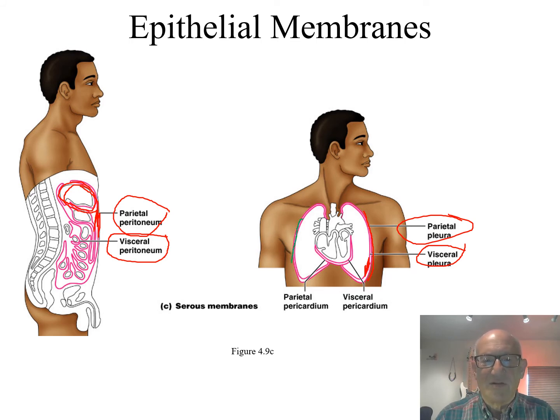Right? So we have a double layer membrane called parietal pleura and visceral pleura. And same thing goes for the heart. We have the parietal pericardium, which is lining the cavity that the heart is in, and we have the visceral pericardium, which actually adheres to the heart tissue.